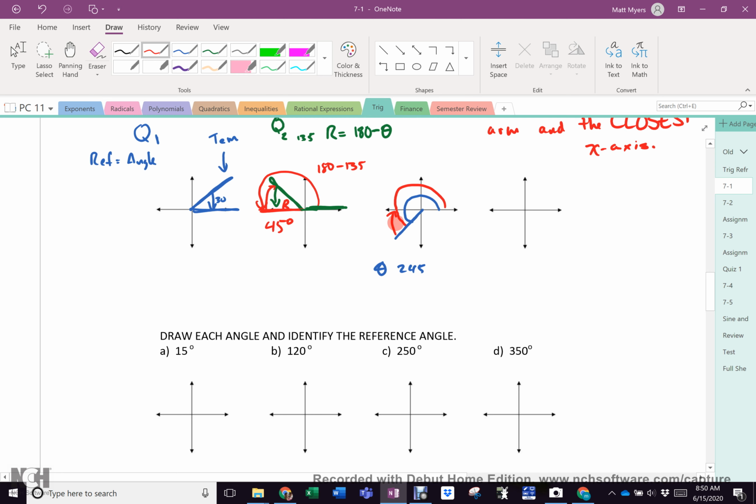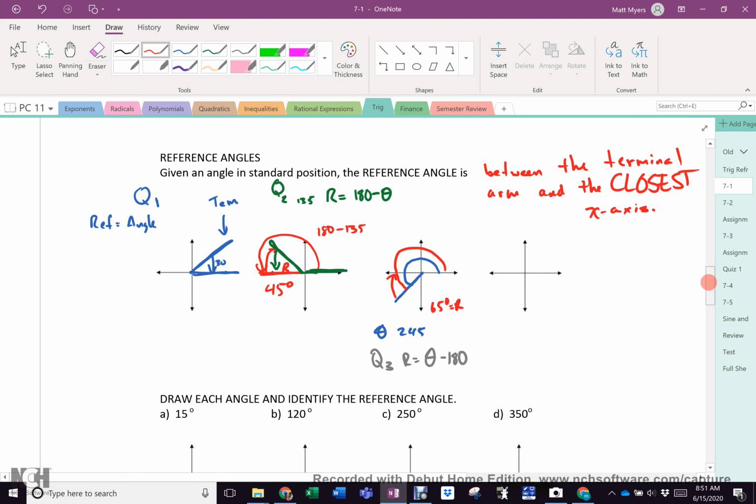So this one is in quadrant 3. My reference angle equals theta minus 180. So it's 245, take out the 180. This is 65 degrees.